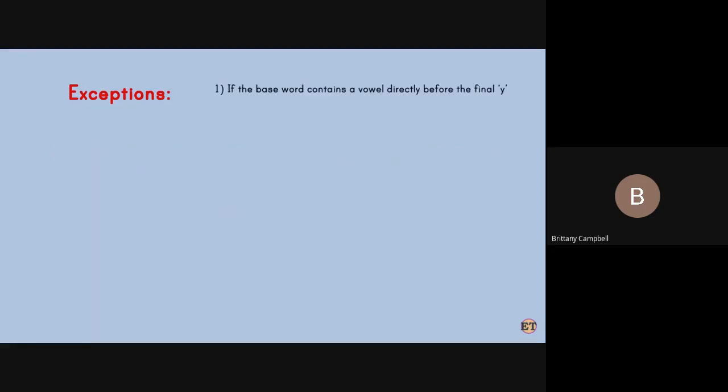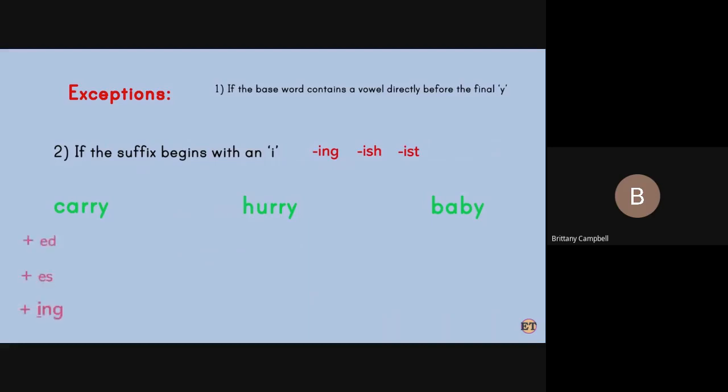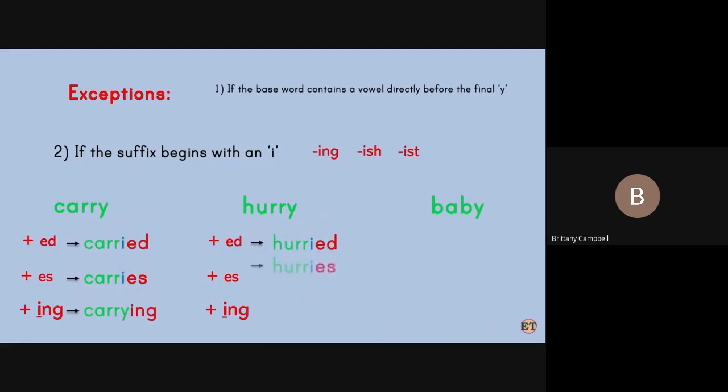The second exception is if the suffix begins with an I, then the Y stays as it is. For example, the Y is changed to an I in carried and carries, but not in carrying. The Y is changed in hurried and hurries, but not in hurrying.